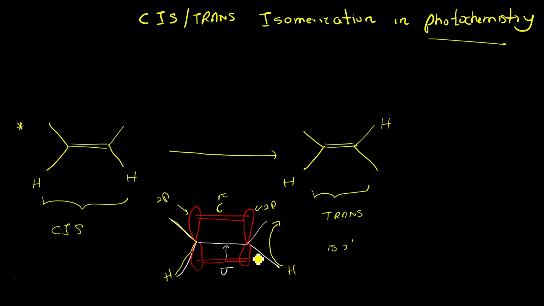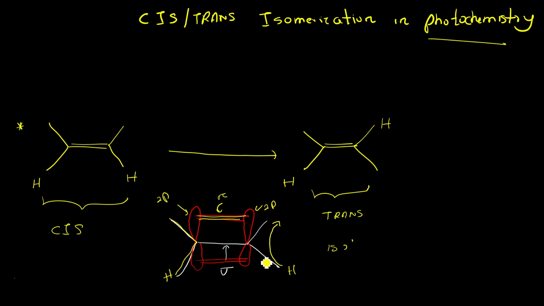Now when these p orbitals are rotating, you will sense that these interactions will be stressed, right? Because these are moving, so these are stressing out. This stress results in an energy barrier.